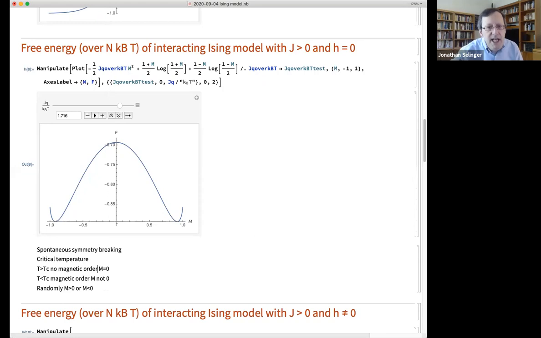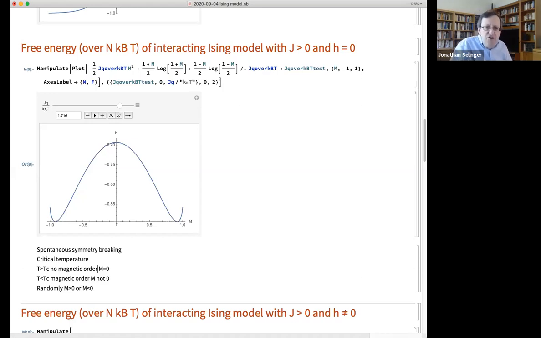It could go either way. The word spontaneous means that there's no external influence that makes it go one way or the other. Okay, so it's different from the case that I showed you before, where a magnetic field makes the order go one way or the other. Here, there is zero magnetic field.